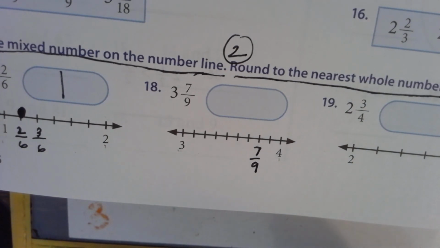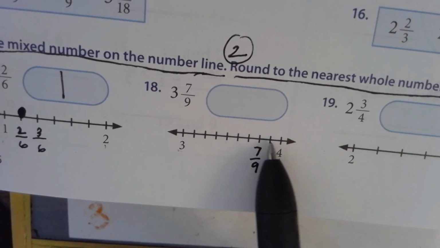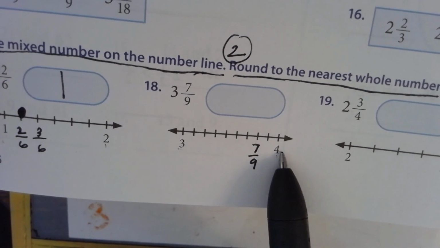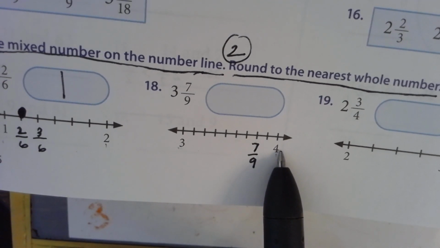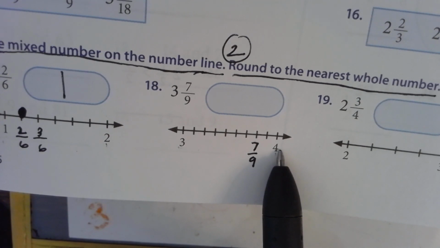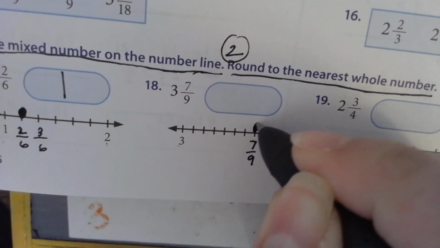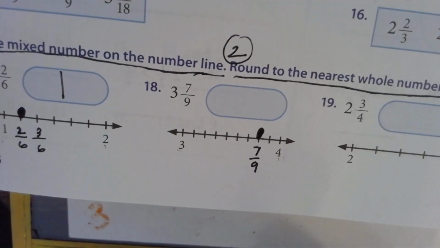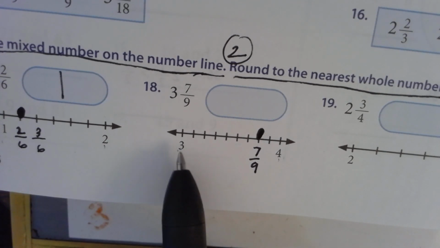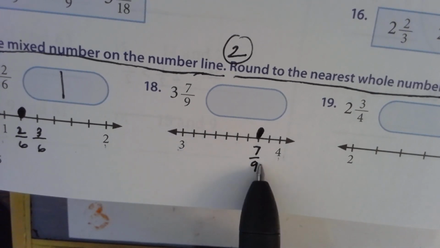Now, my next one would be 8/9. And then when I land on 4, I'm at 9/9. Does that equal a whole number? Yes, so that is correct. So I'm going to go ahead and plot my dot right there above that 7/9. I'm at 3 and 7/9.